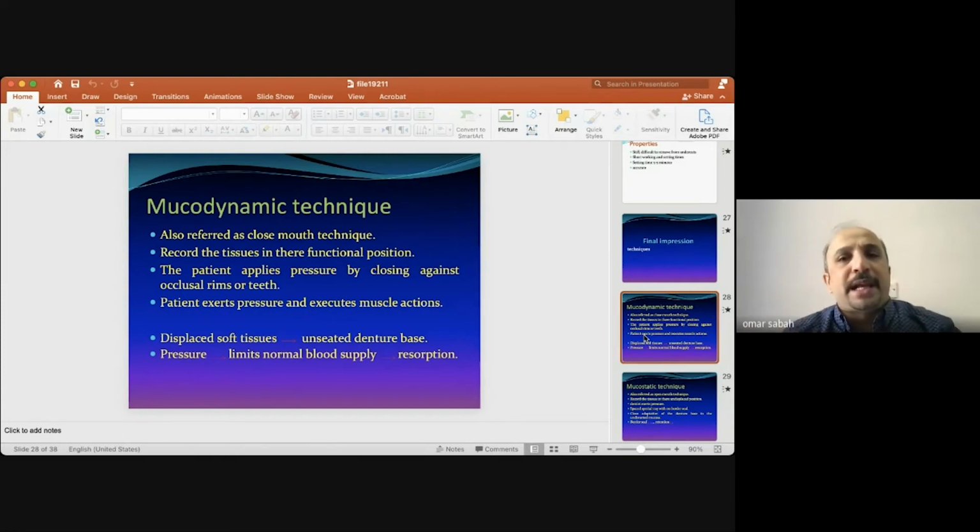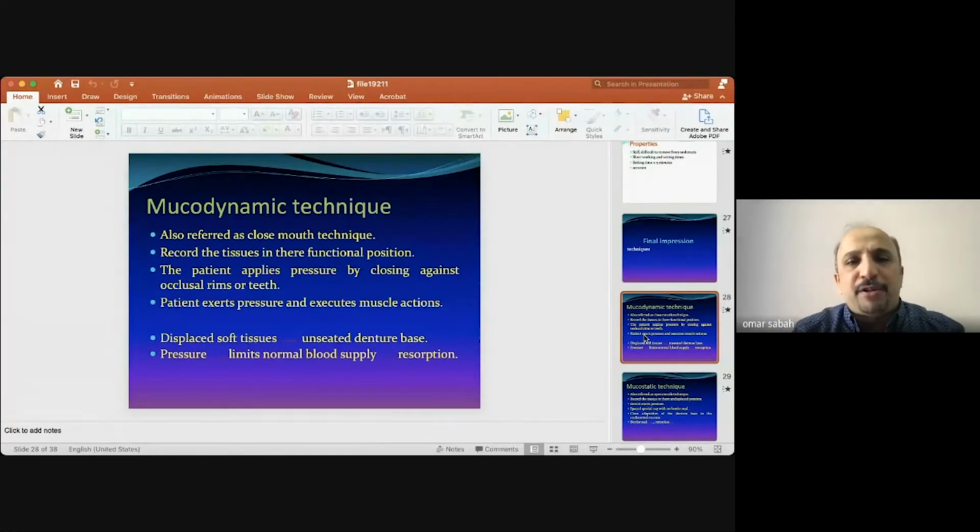Second, patients differ due to muscle action. Some patients have very hard or strong muscles or muscle spasms, while others have soft muscles. So the pressure differs from patient to patient, not like you, because you can give a force in an equal way for all patients, since you have a standard force from your hands on the impression tray.